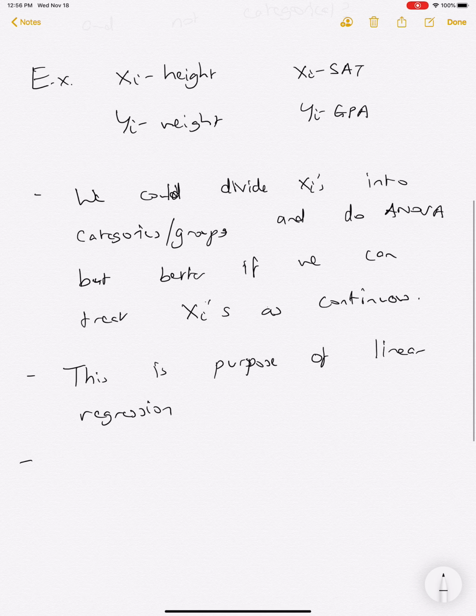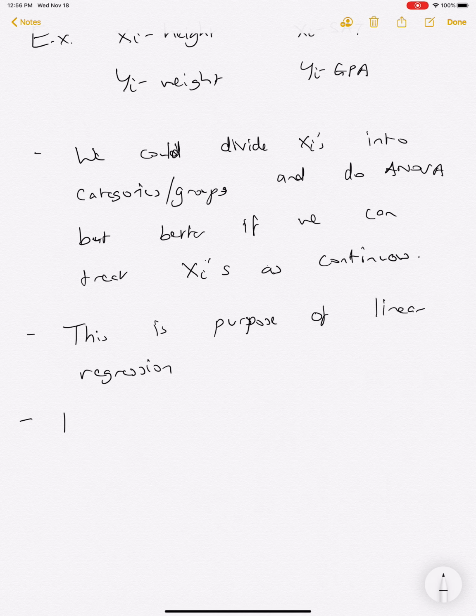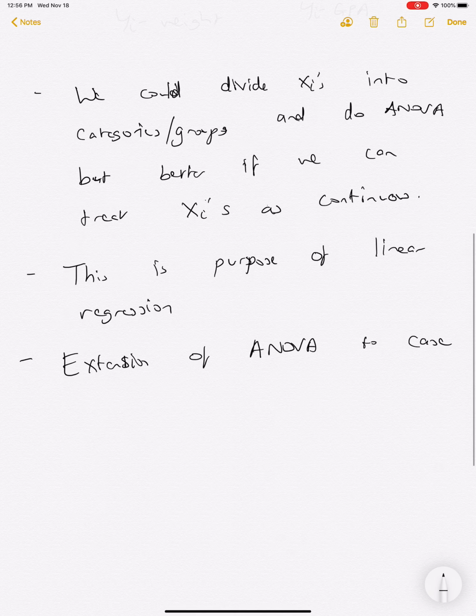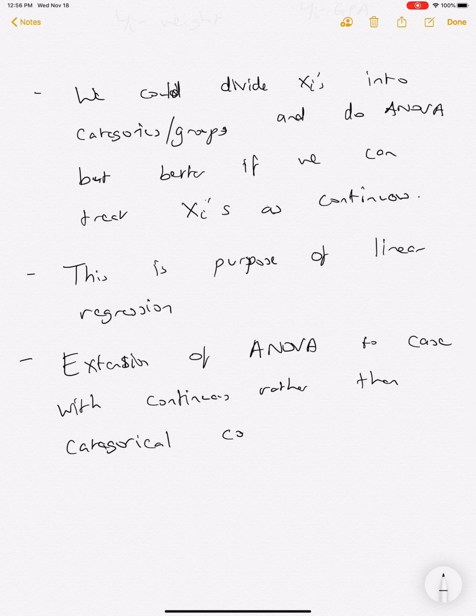So you can think about this as being the extension of ANOVA to the case with continuous rather than categorical covariate information.